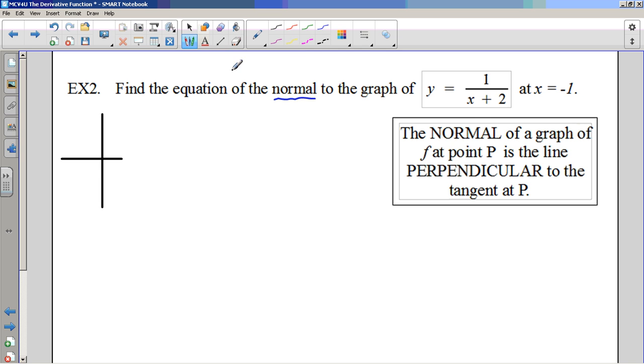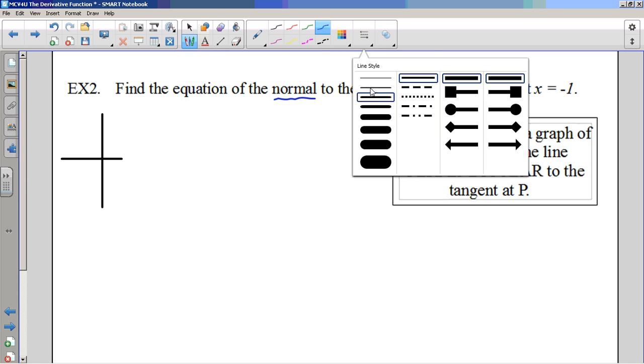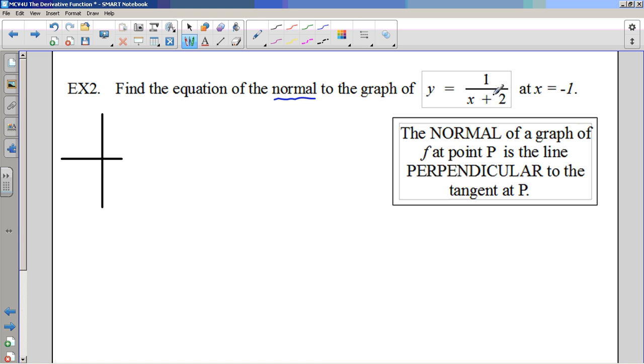This is like a function sketch, right? A really fast function sketch. At x is minus 2, there's a vertical asymptote. And I know that nothing else has been stretched or anything, so it's going to be something like this. I could find this point, I suppose, x equals 0, y equals a half.